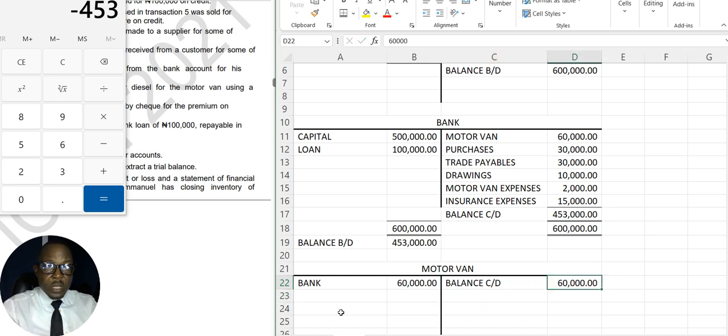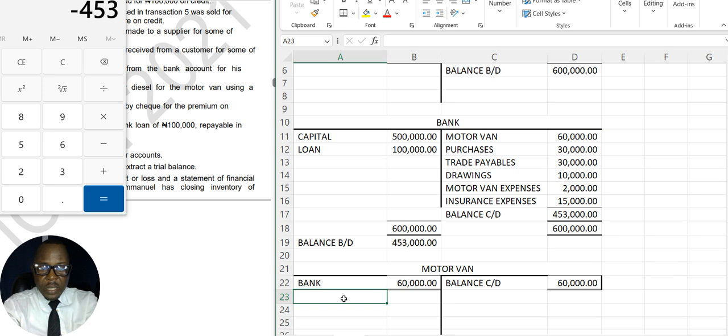Then you put this as double line, put this as double line. All right. Then you now bring your balance BD here. Balance BD will now have the same amount.